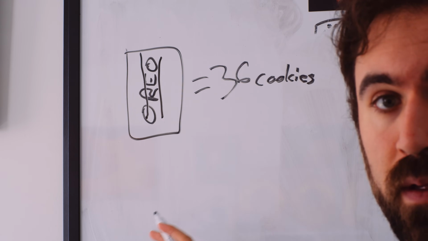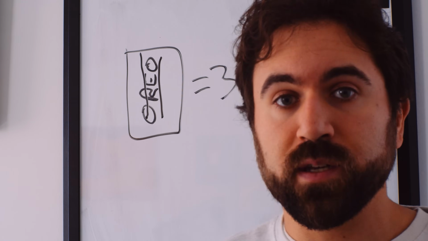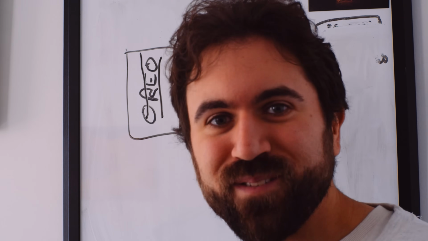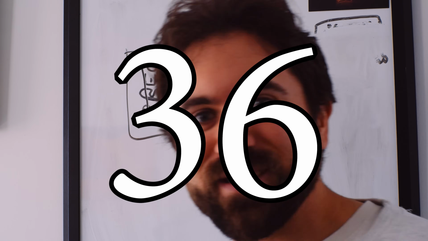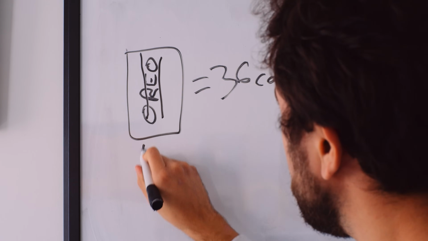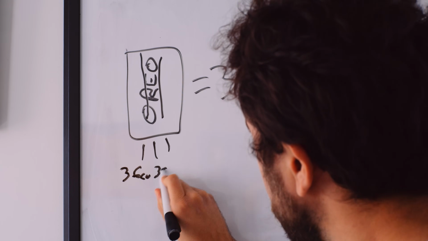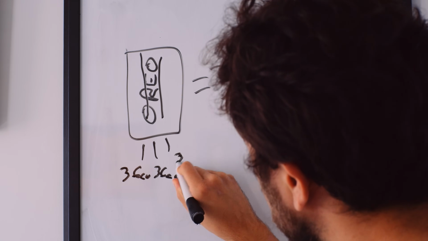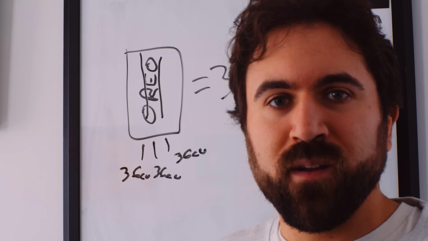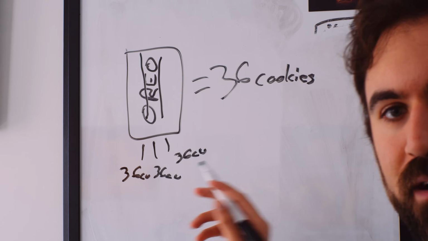Each row, 36, now bear with me for a second, 36 divided by 3 is what? 12. And then 12 times 3 is what? 36. We're back to 36, and that's how many cookie units there are per row. So there's 36 CU, 36 CU, and 36 CU for a grand total of 108 cookie units per standard pack of Oreos.